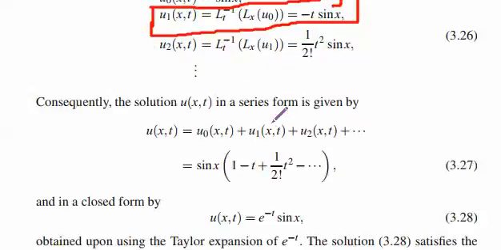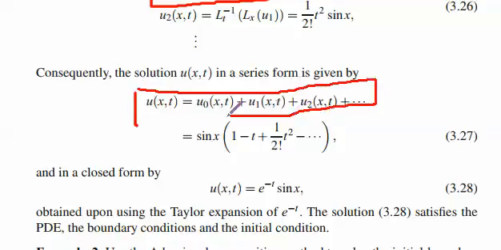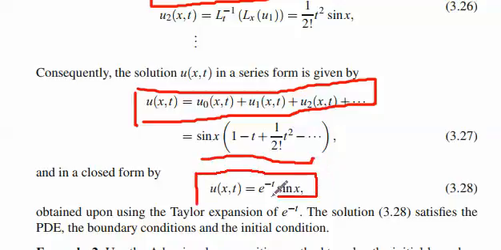So once you calculate all the terms u2, u3, you will have exactly this form. And when you plug in all the values of u0, u1, u2, then you will have exactly this equation. This is exactly the solution of the above heat equation.